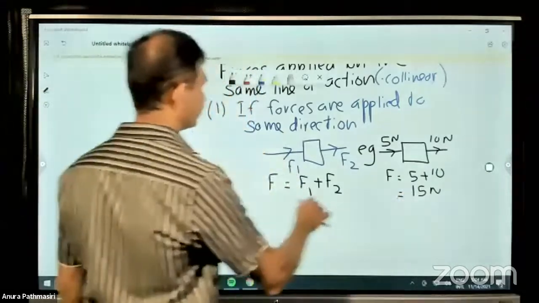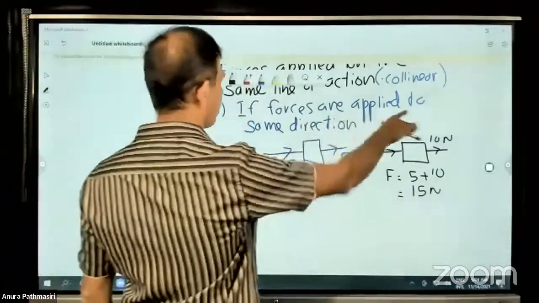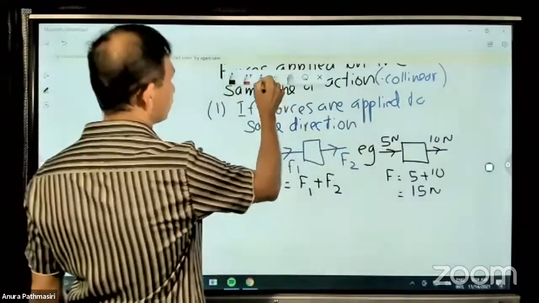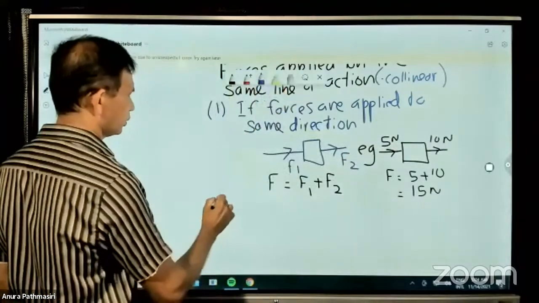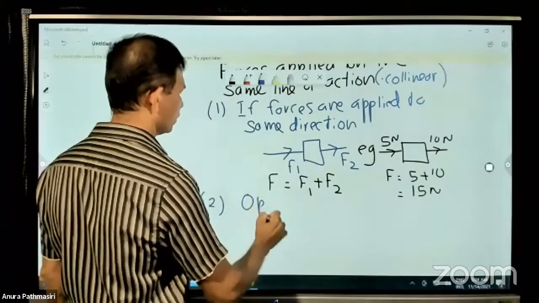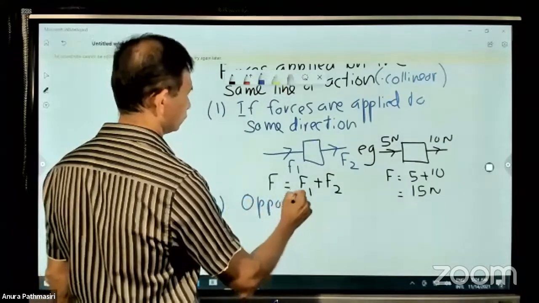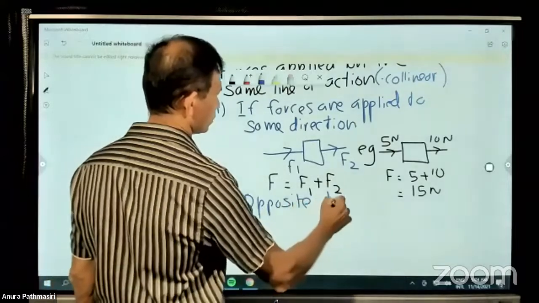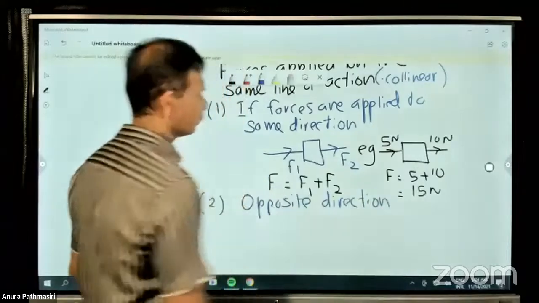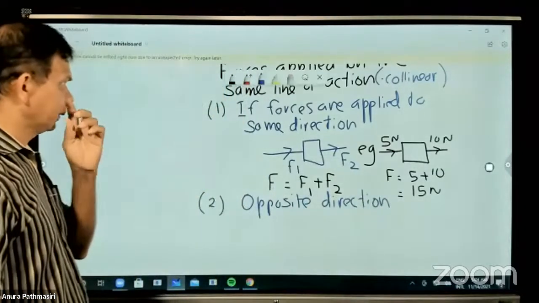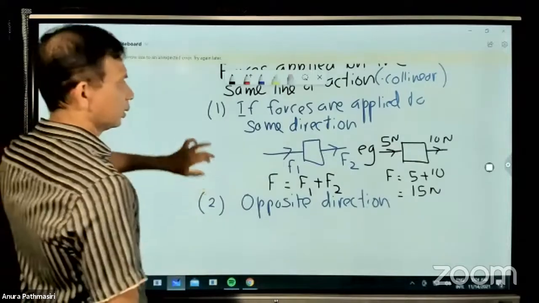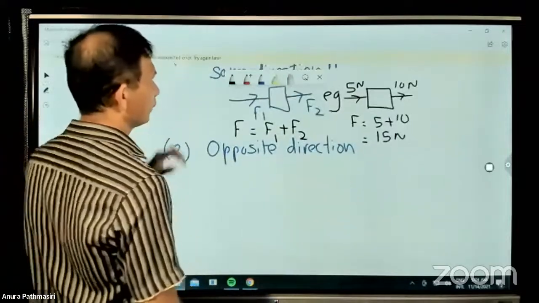Second one, if the forces are applied in opposite direction, let's see how it happens.